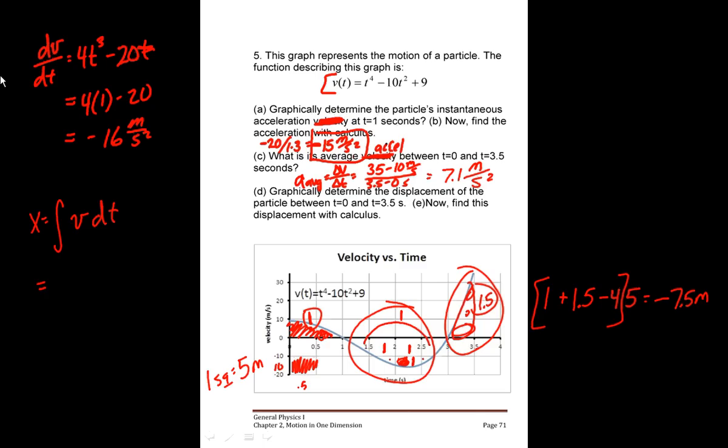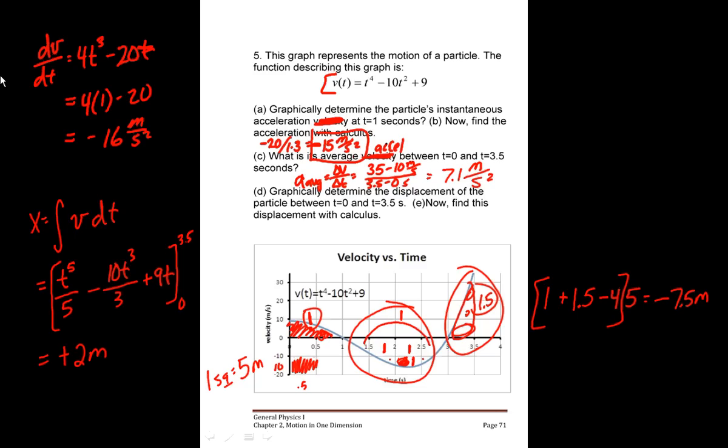And that is going to be t to the 5th over 5 minus 10t cubed over 3 plus 9t. And then I want to integrate that from 0 to 3.5. That's my limits for the time. If I put in those limits, I find that it's plus 2 meters.